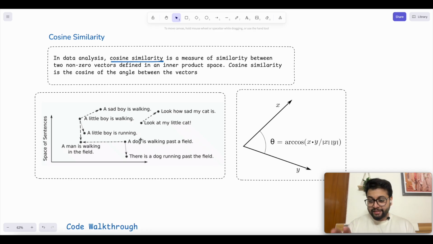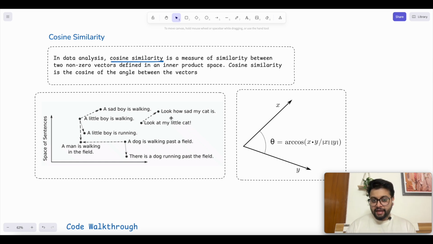On the right side, there is a diagram of the cosine similarity representation. On the left side, there is the vector representation of phrases or sentences in two-dimensional space. So you can think of: a man is walking, a little boy is running, a little boy is walking, a sad boy is walking, and how these sentences are placed together in a vector space.